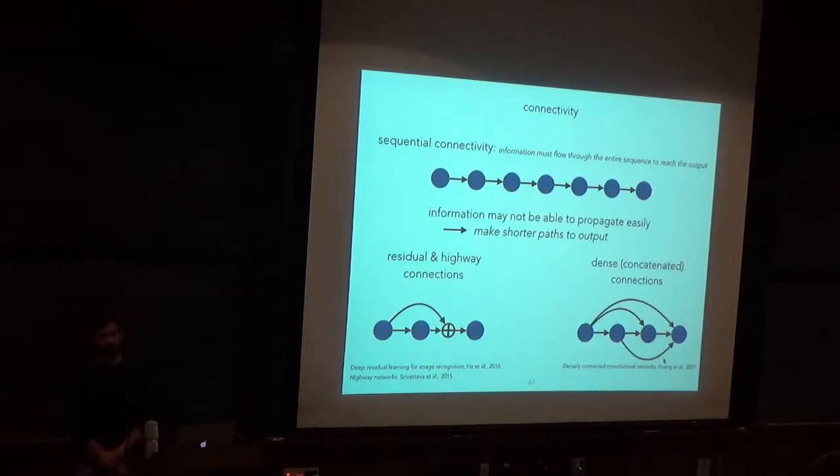If you have this residual highway, then you're not going to have as much of a problem with vanishing gradients, are you? That's absolutely right. In the original residual net paper, that's exactly what they explored.